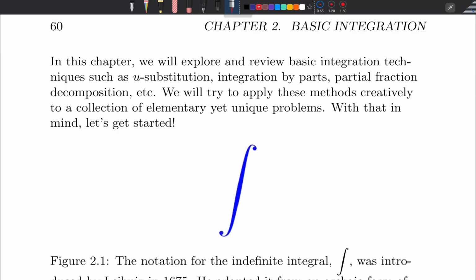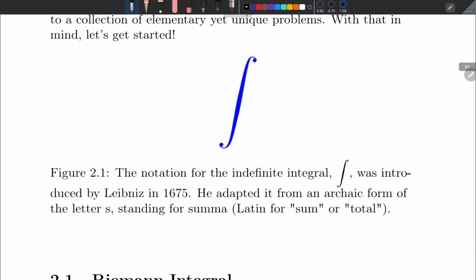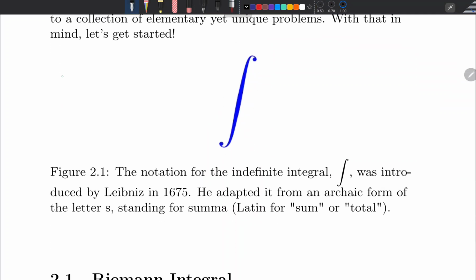So can you imagine that this book discusses integration from this symbol, from this very symbol. You know what, I got to know about integration in 10th standard.